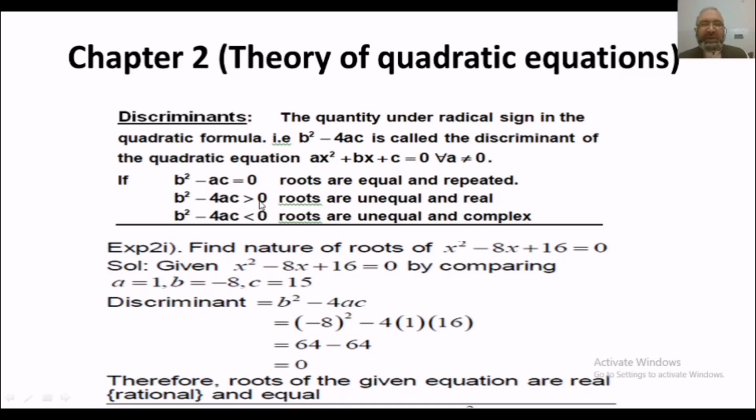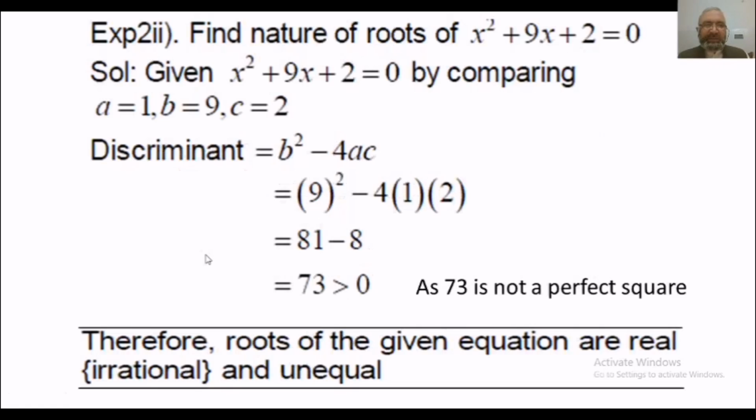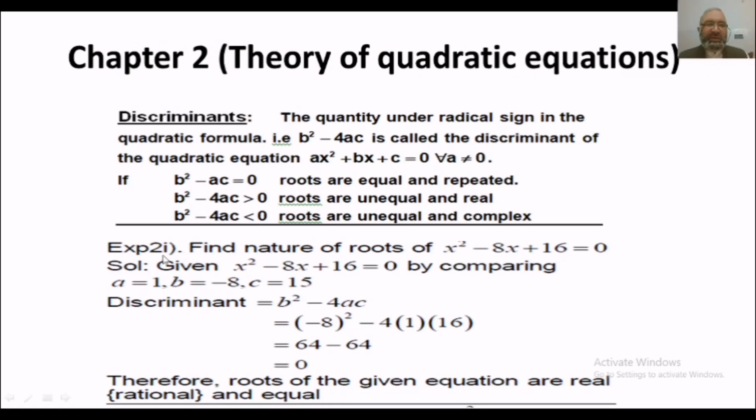If b square minus 4ac is greater than 0 and it is a perfect square, then the roots will be rational. If it is not a perfect square, for example 3, 5, 7, etc., then the roots are irrational.